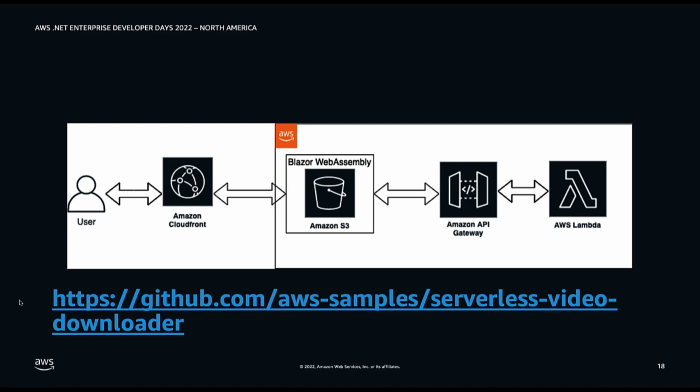The source code of this application is located under the AWS samples project on github.com. The source code has everything that you need to create your backend, which is the API Gateway and the AWS Lambda. It also has the Swagger file that we will be using to deploy the API Gateway.